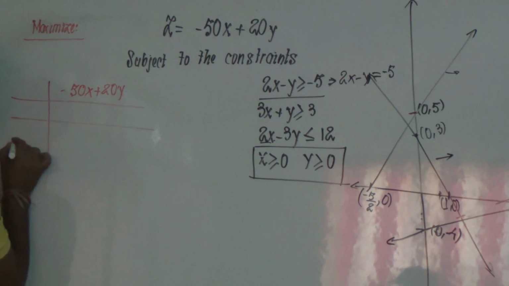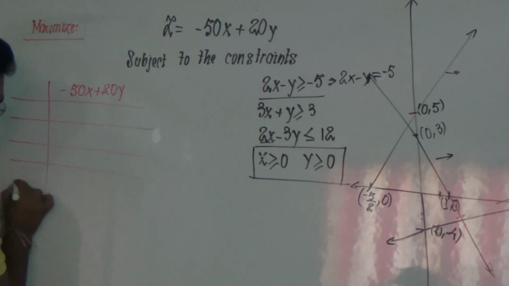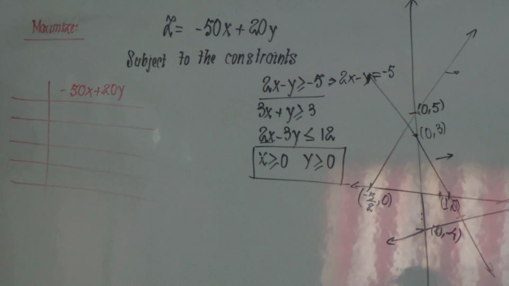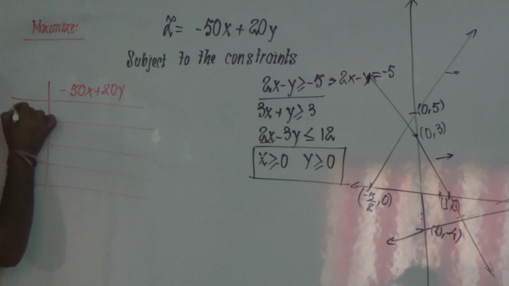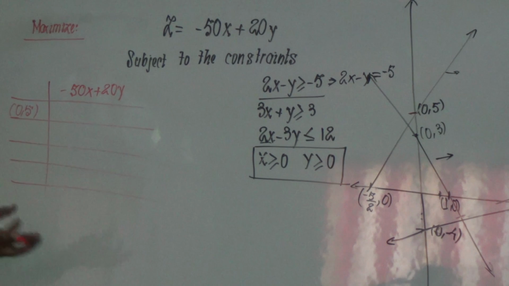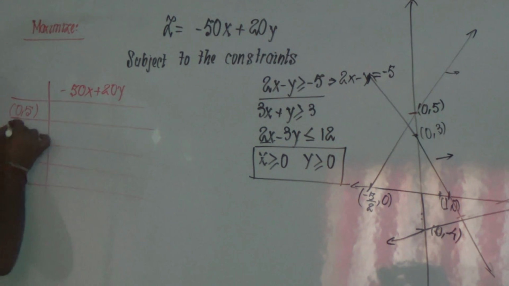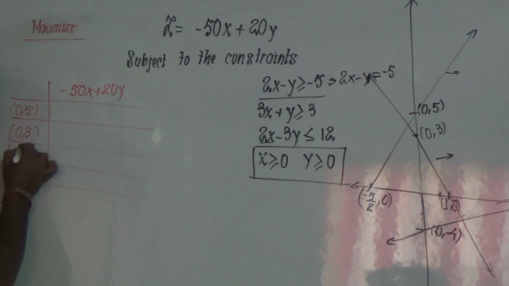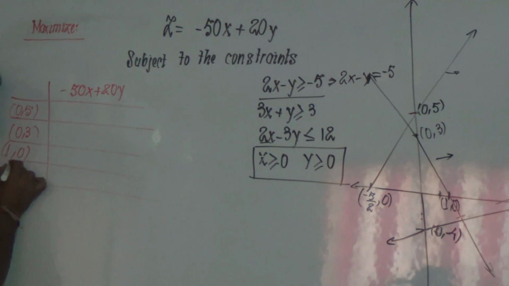I said we were to minimize, but we'll maximize this. Okay, let's do both, minimize and maximize. So 0,5 was one point, 0,3 the other, 1,0 the third one, and the fourth one is 6,0.